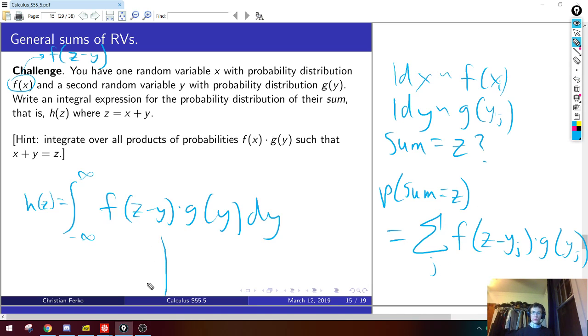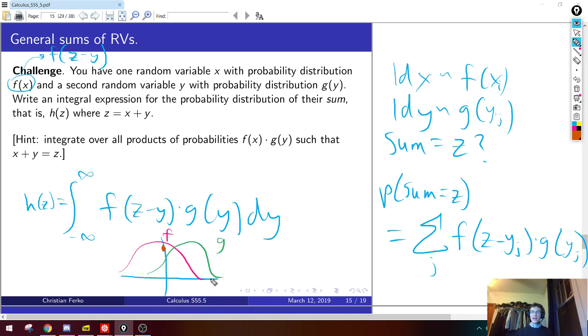In this case, all we're doing is saying you have some first probability distribution f, and you have some second probability distribution, say g, and you want to find the probability that you add these two together and get, say, 0.